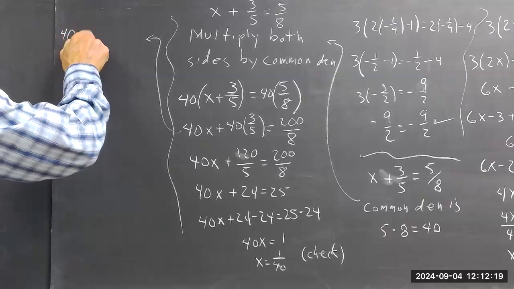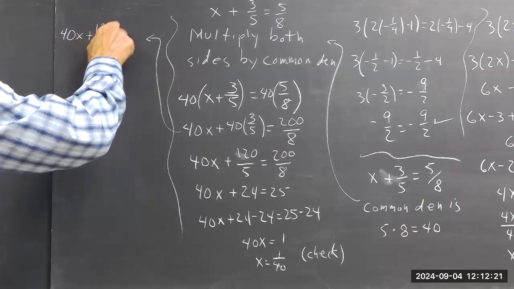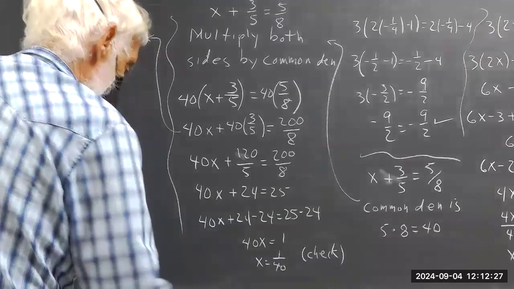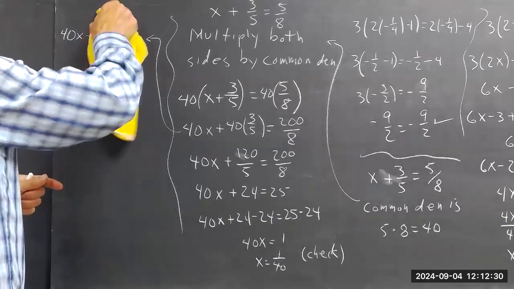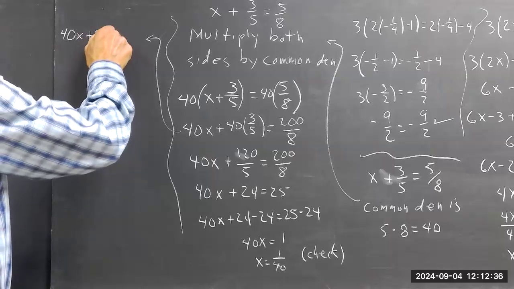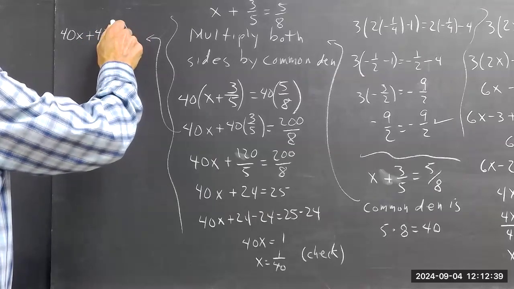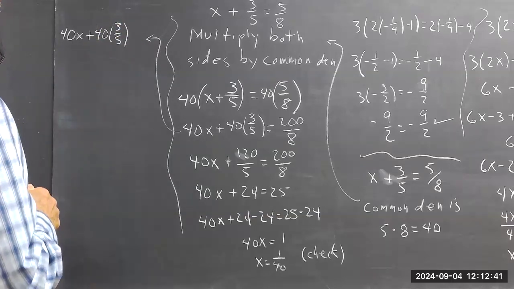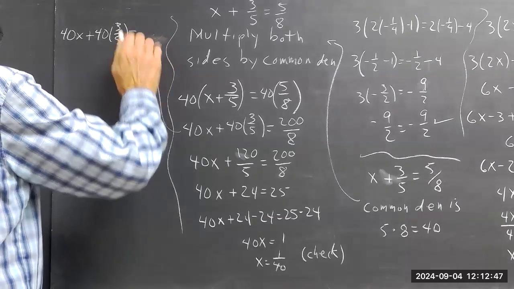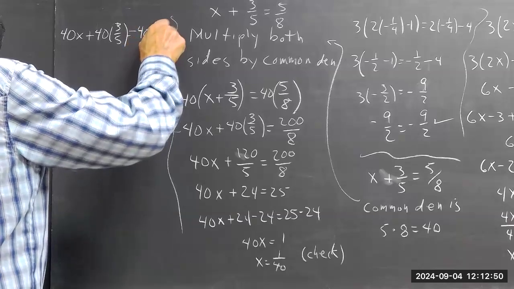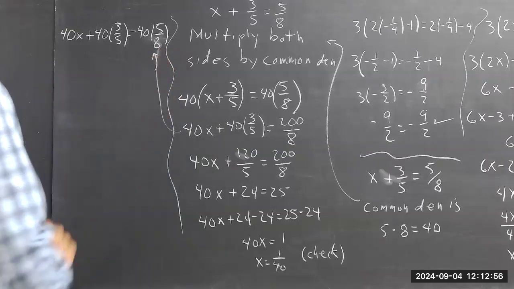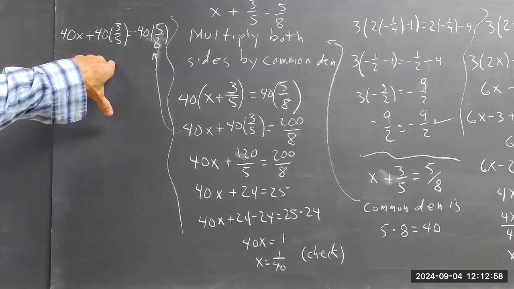You got 40x plus 120 over 5 plus 40 times 3/5 equals 40 times 5/8. Can you read that?